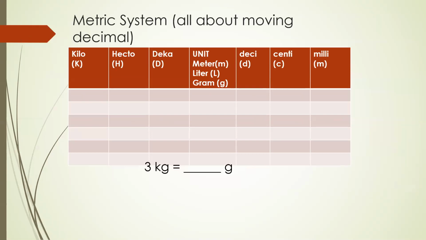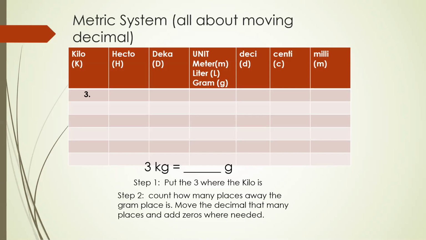So if I was asked the question, 3 kilograms is how many grams? Just remember that there is a decimal point at the end of every number if it's not giving you one somewhere. What I do is I put the 3 where the kilo is, and notice I put my decimal there. And then I move how many places it is from where the grams are, and the grams are over here.